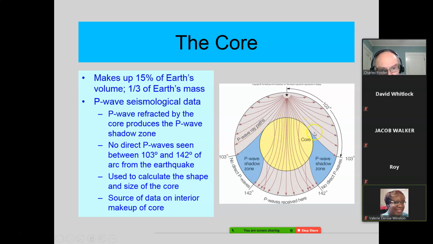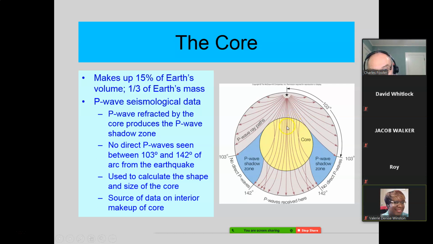These waves go out here and bend. But when you go from solid mantle to liquid core, remember the outer part of the Earth's core is liquid, molten material. You have a big, you talk about a boundary here, that is quite a boundary.